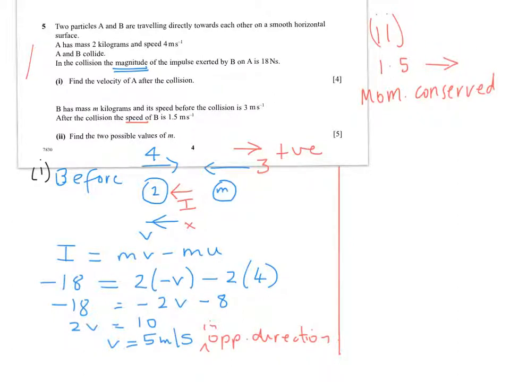Now I could put the 1.5 to the right on the diagram, and that might help. So let's do that. So the momentum is conserved. So what's the total momentum before the collision? So we have the mass times the velocity of A, and we remember that we've got our positive direction to the right.